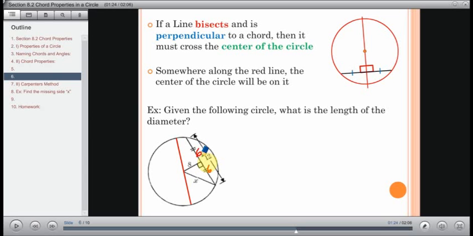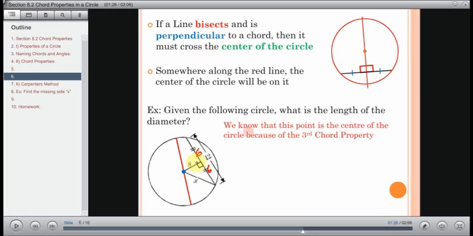Then what you can do after that is you've got a right angle triangle, and we can use Pythagoras. With 8 on that side, 6 on that side, we have to find the hypotenuse, the C side. Again, we know that this point is the center of the circle because of this rule here.